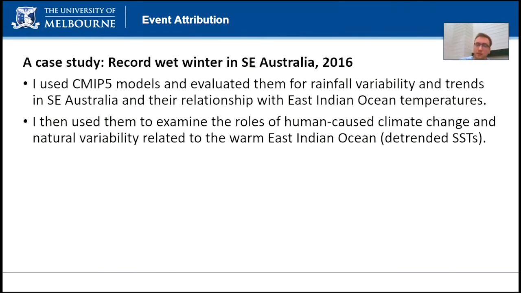I used these models then to examine the role of both human-caused climate change and natural variability related to the warm Indian Ocean sea surface temperatures for this particular event. And because I'm interested in only the natural variability, I detrended the sea surface temperatures as well.